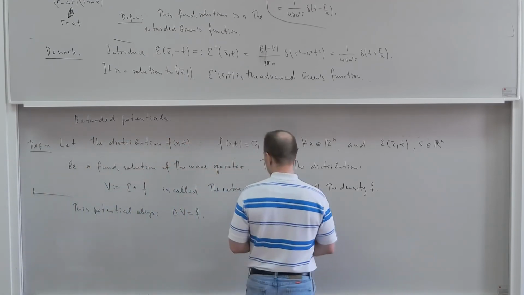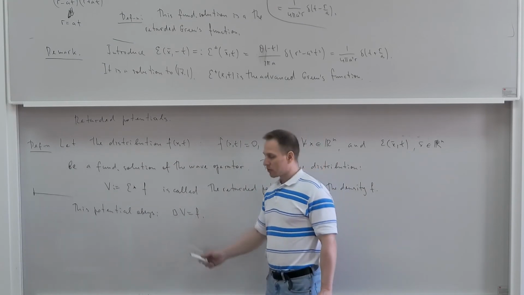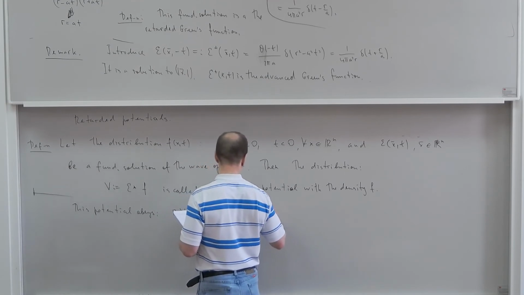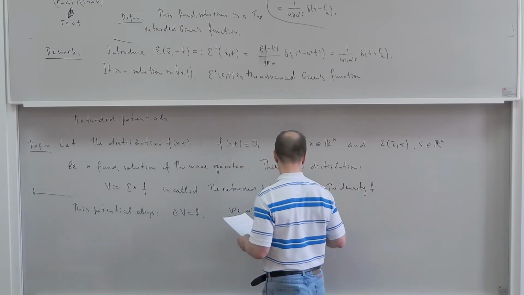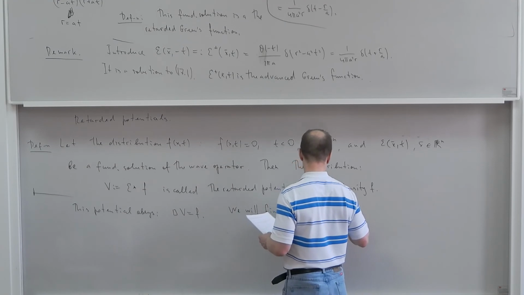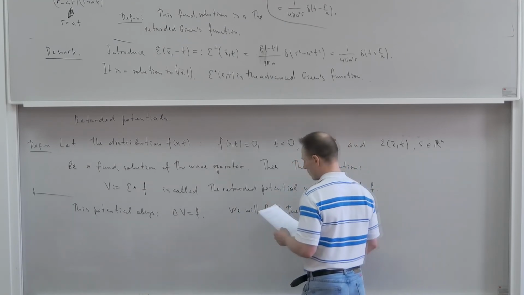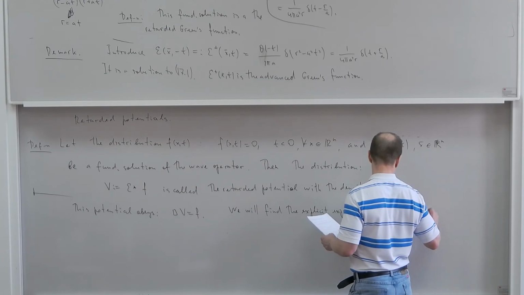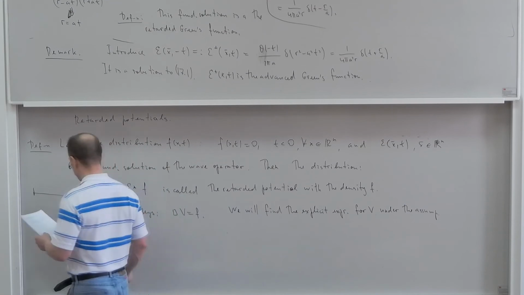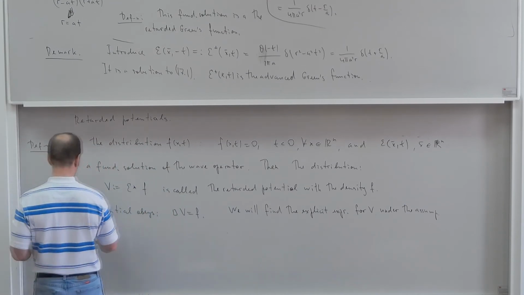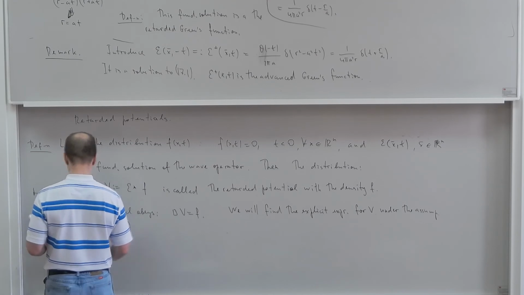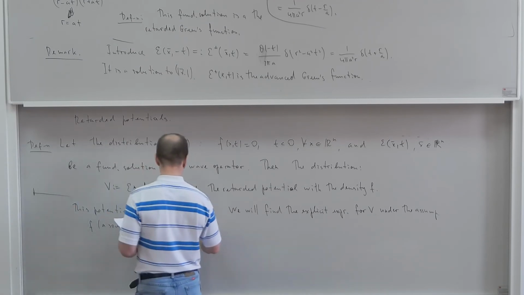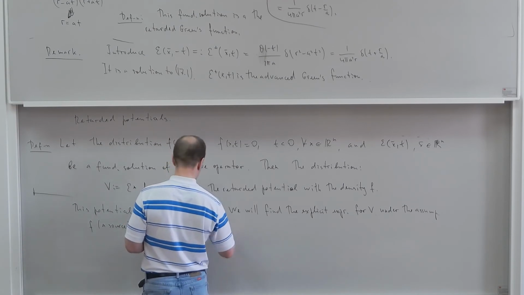And we will find in this section the explicit expression for this potential V, under the assumption that the function f, which is also called a source, is such that f is equal to 0 for t less than 0.